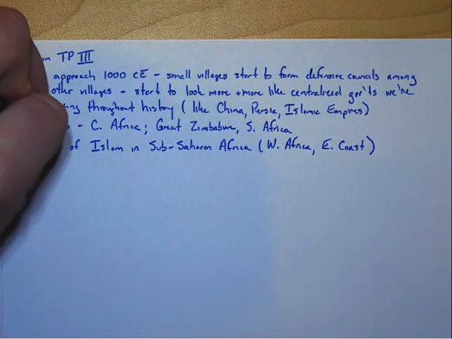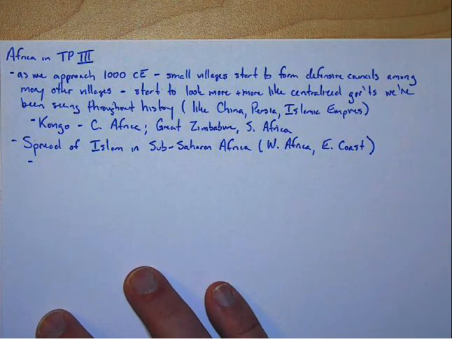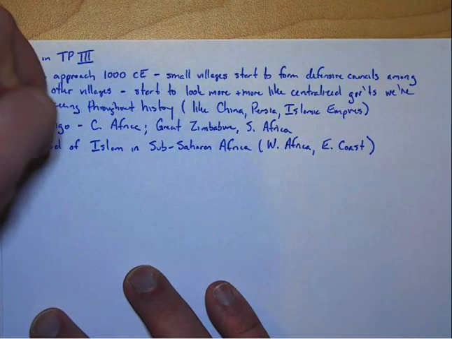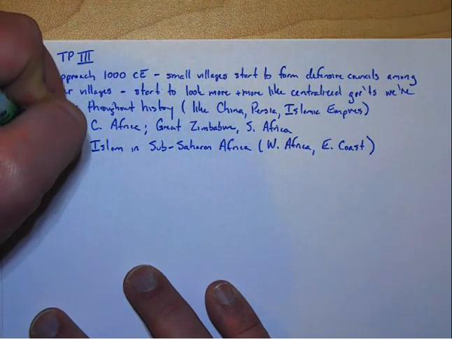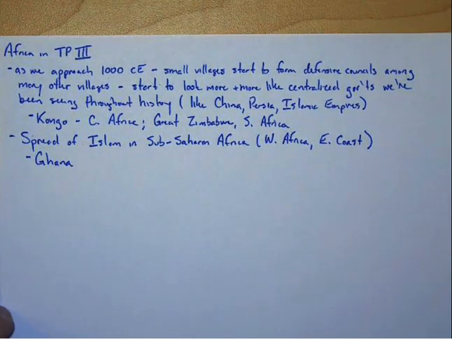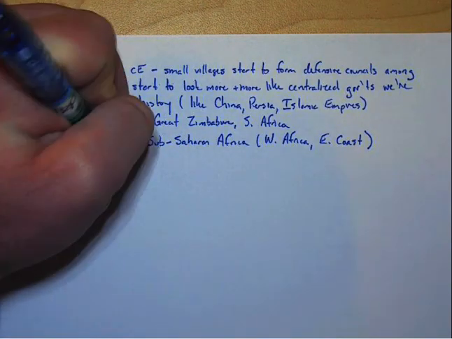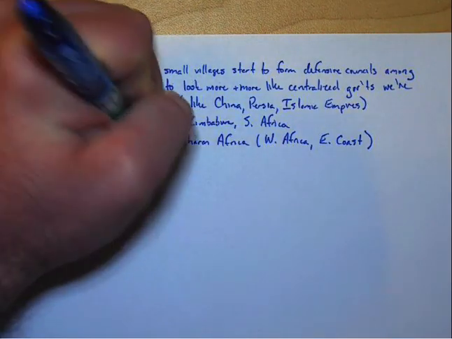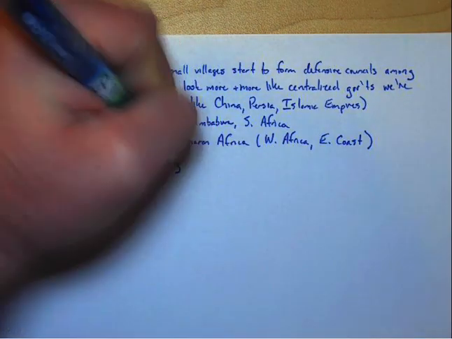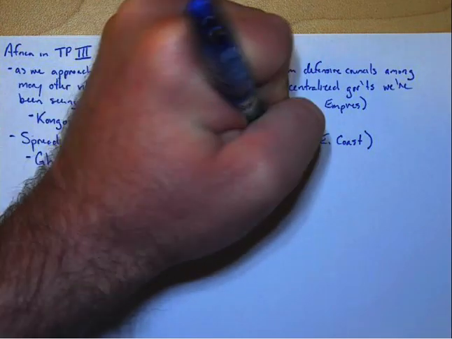So the first place to adopt Islam in West Africa is the Kingdom of Ghana. Ghana in West Africa was the first major trading empire in West Africa.